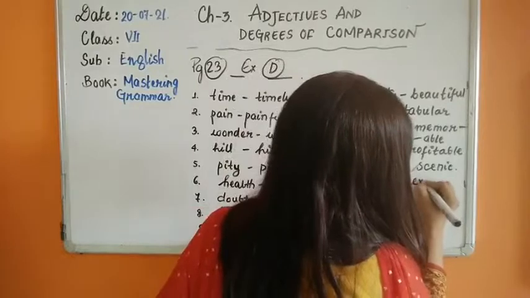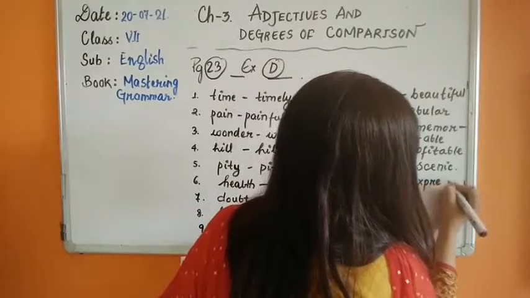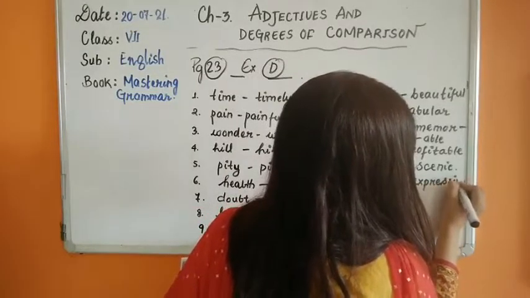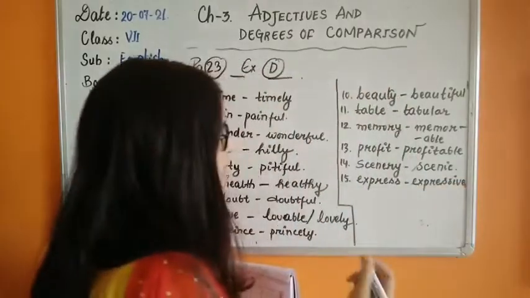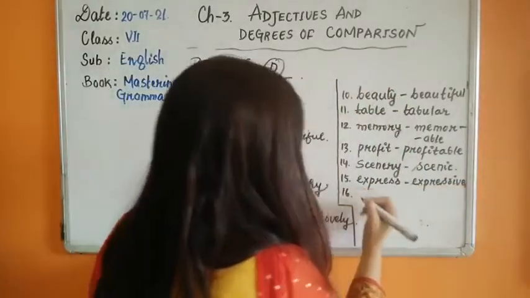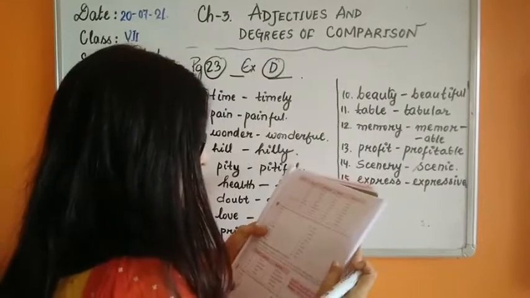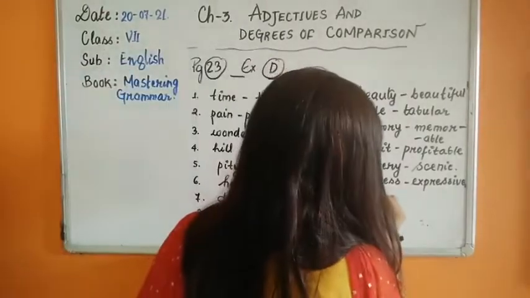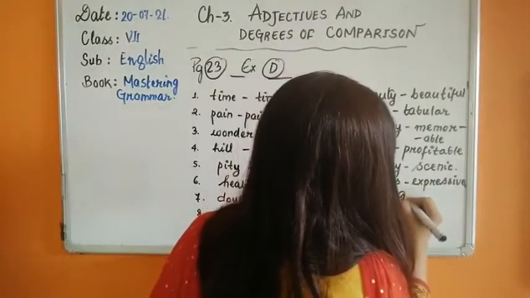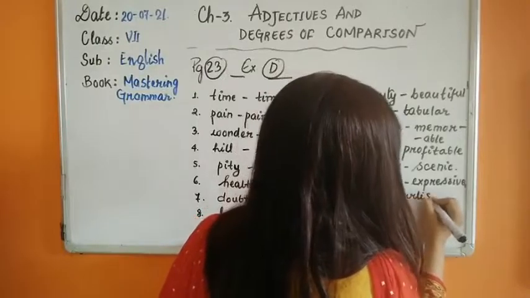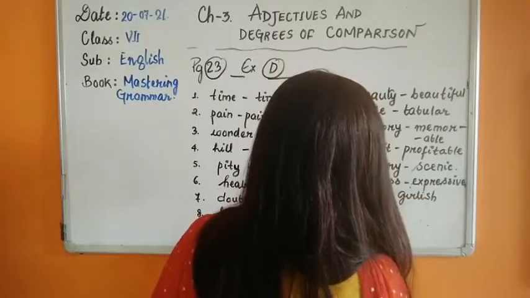Express becomes expressive. Yes, with the addition of IVE. Number 16 now. It will become what? Girl. It will become girlish. Yes. Number 17.